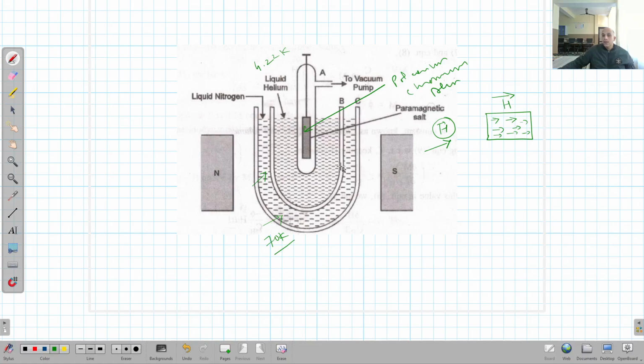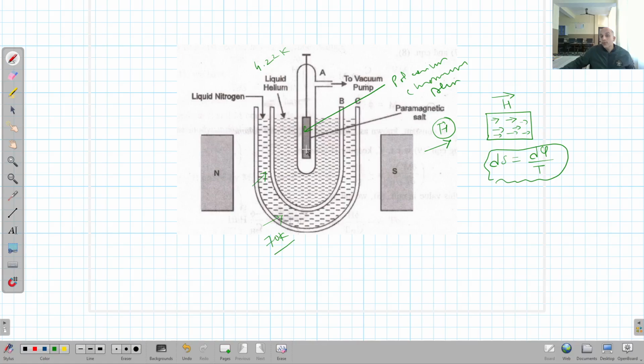Now, when the atoms inside this paramagnetic salt get magnetized, heat will be produced according to the relation dS is equal to dQ upon T. Clear? Order is increased, disorder is reduced, so there will be a production of heat.